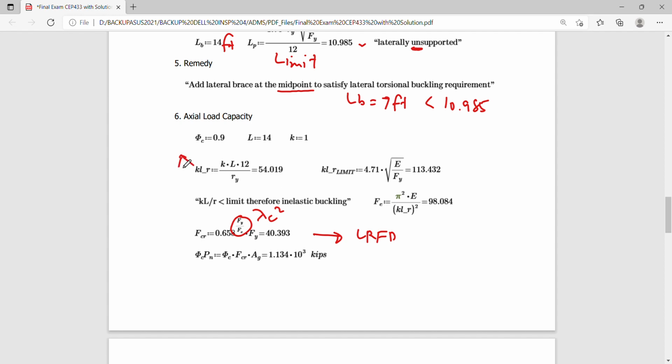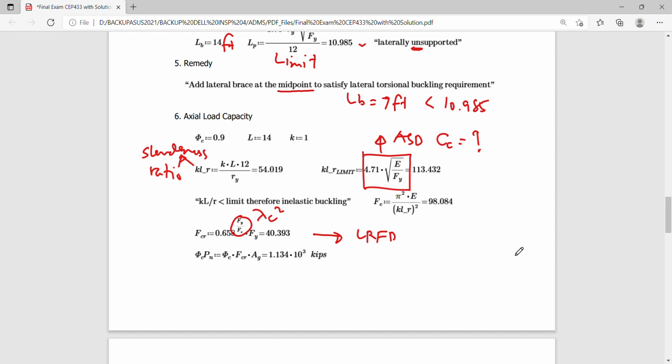So this is now the slenderness ratio, KL over r, with that of the limit of your slenderness ratio, which is given in the code as 4.71 square root of E over Fy, 113.432. So in ASD, this is actually your Cc in ASD. So again, the slenderness ratio is not exceeding the limit.